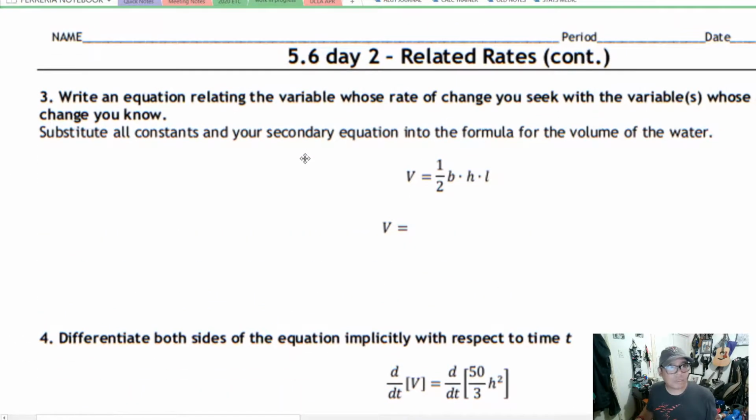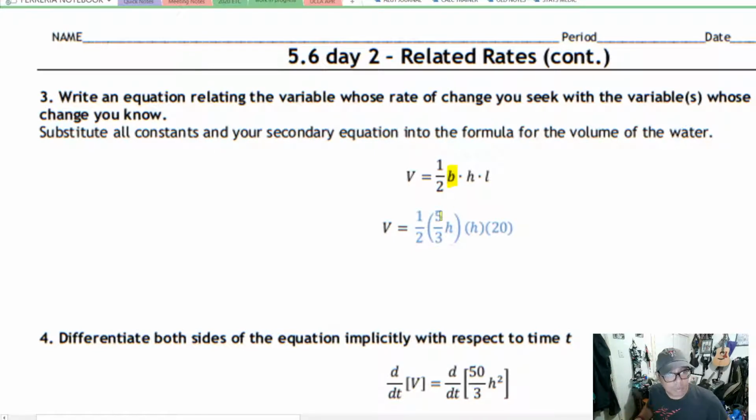Okay, so we're going to write our equation, and we're going to substitute all the constants, and then we're going to substitute b equals 5/3 h. That gives us 1/2 of 5/3 h for the b. Let me just equate those for you.